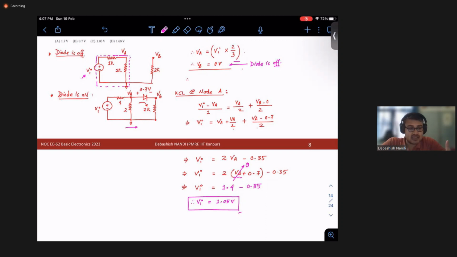But at the same instant, at t equal to 0, let's say t0 minus and t0 plus, both the values should converge to a point, right? So my Vb at that instant remains 0, and putting the constraint on Vb, I can calculate my Vi. So my Vi is coming out to be 1.05 volt.